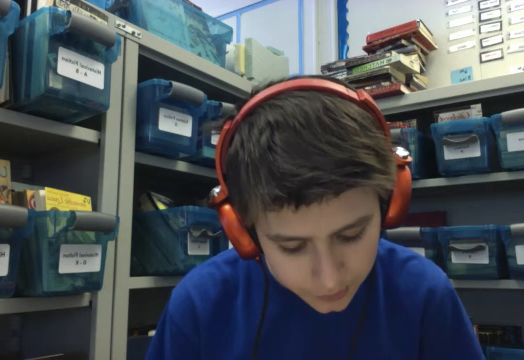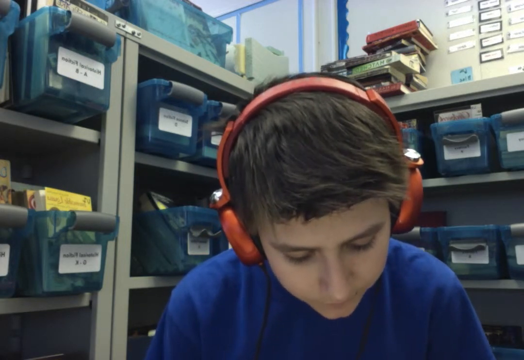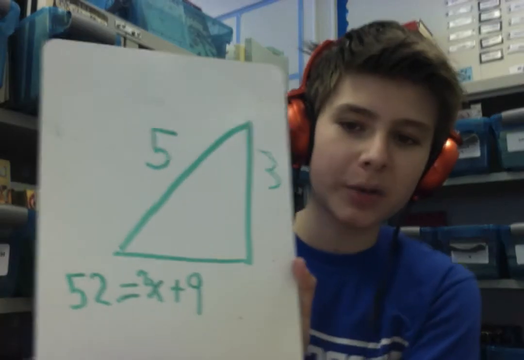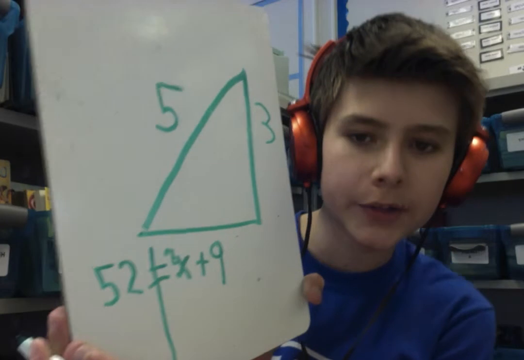So it would equal 25. And that's the problem. So we're going to go into a little bit of algebra, and if you don't know it, just remember how to do it. Your teacher will tell you the rest.